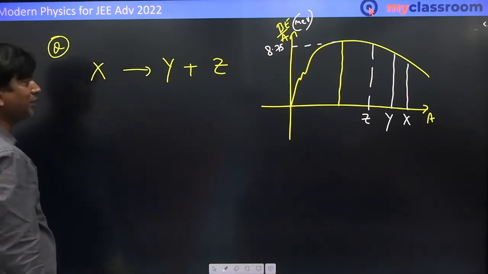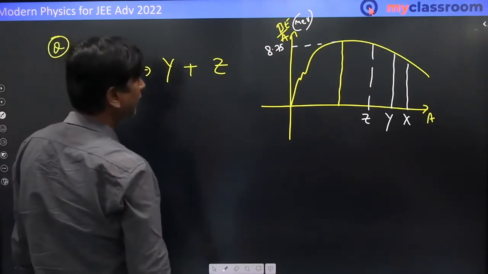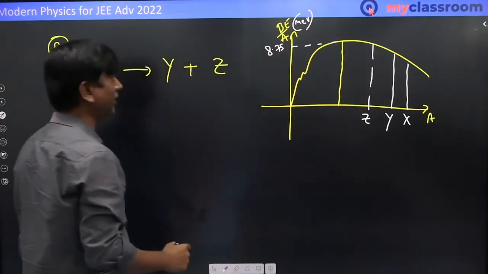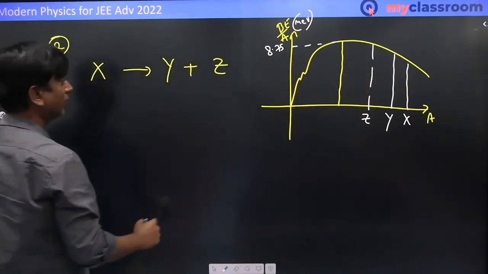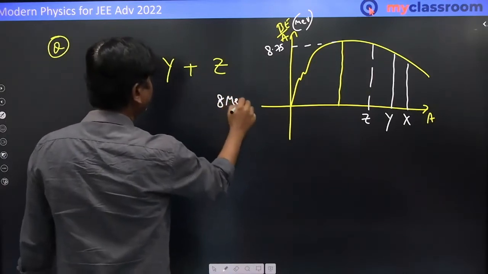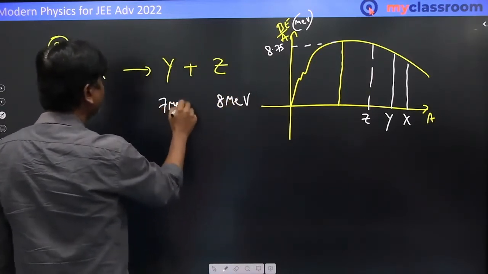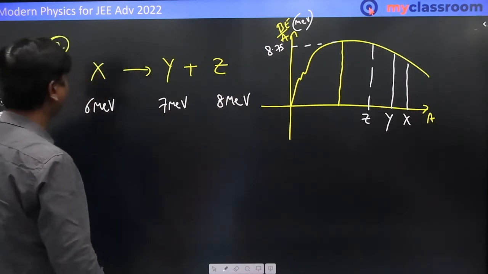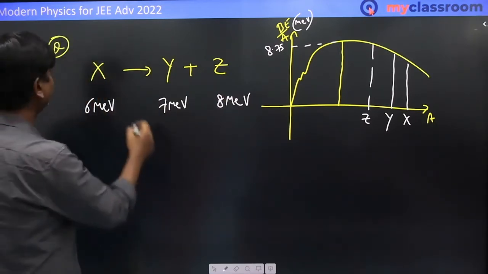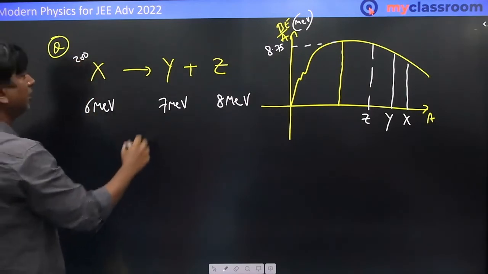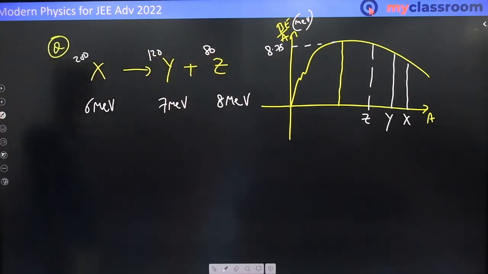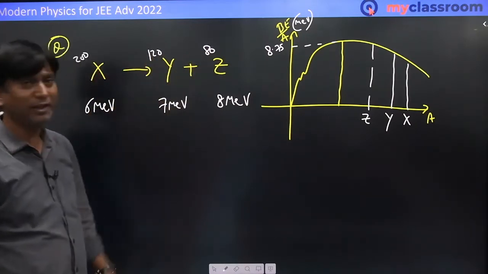Let us say binding energy per nucleon of Z I will take 8 million electron volts, this I'll take 7 million electron volts, and this I'll take 6 million electron volts. That is okay. And then let us say higher order X, some 200, 120 and 80 mass numbers. 200 splitting into 120 and 80.